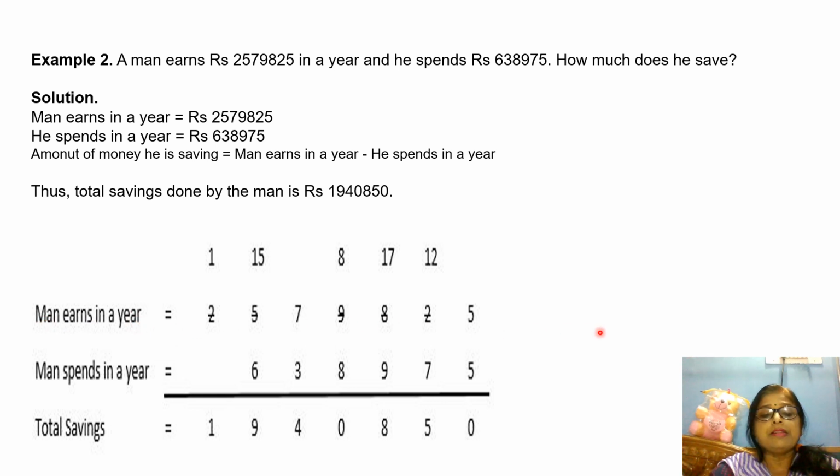Now you subtract it and you are getting here 19 lakh 40,850. This is the total savings of the man. In this way, you can solve each and every question properly. If you are observing all the sums carefully, then you can achieve a good, not only good, but best score in your examination.